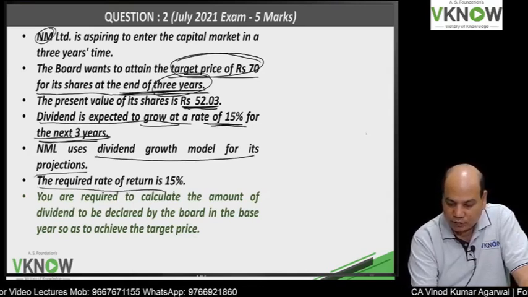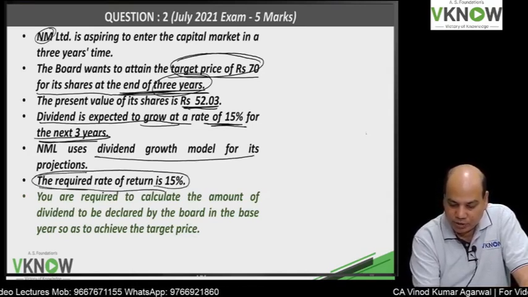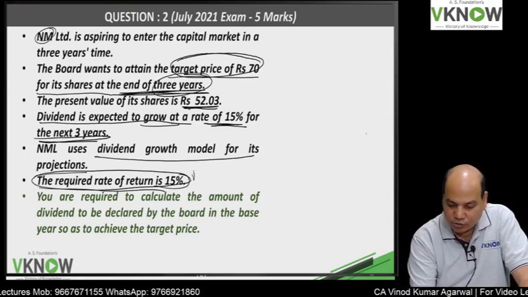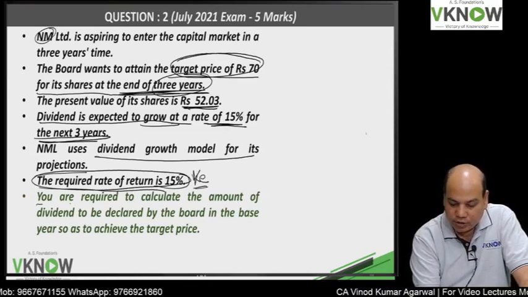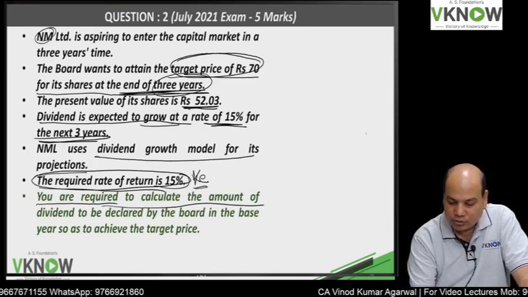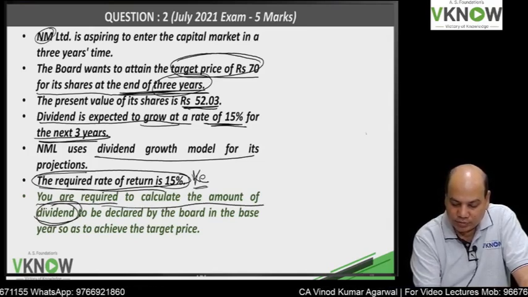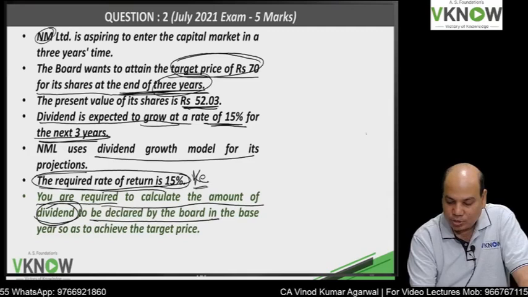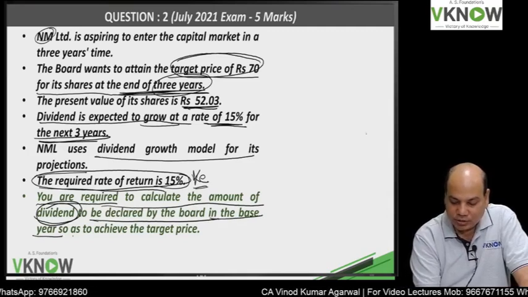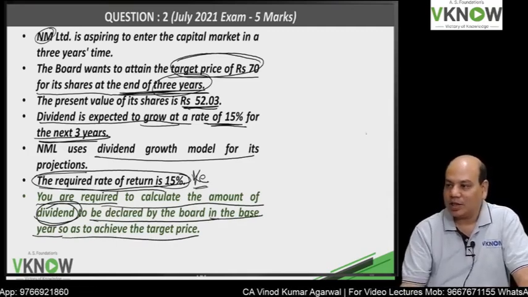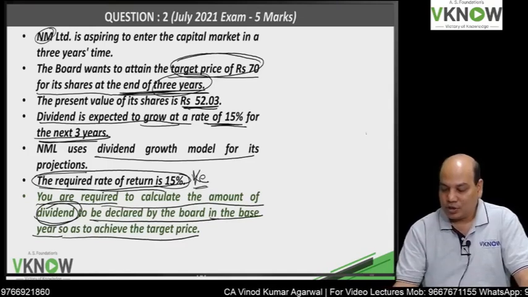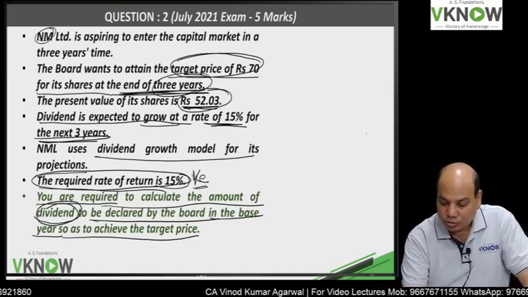The required rate of return is 15%. That is your cost of equity or discount rate. Very interesting question. You are required to calculate the amount of dividend to be declared by the board in the base year so as to achieve the target price. So they have given you the answer 52.03.